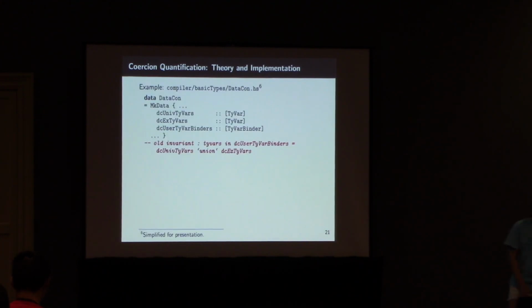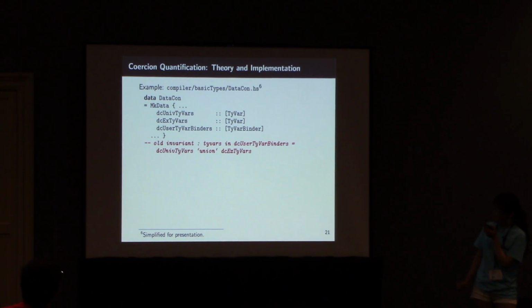To give you a taste of what has been changed in Core, let's take this DataCon as an example. If you define a data constructor in source Haskell, it would be represented as a DataCon in Core. So it has the universal type variables, which are a list of type variables, and existential type variables, and we also record the user-written type variable binders.